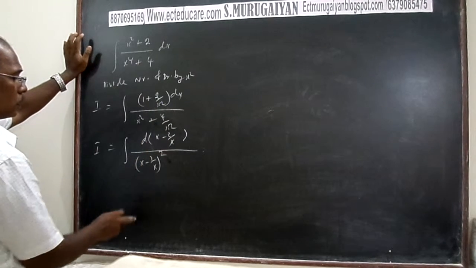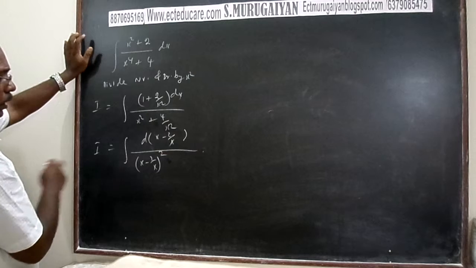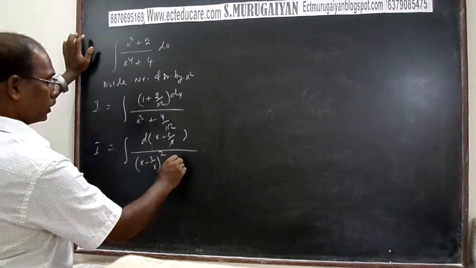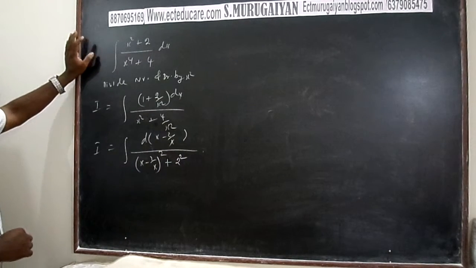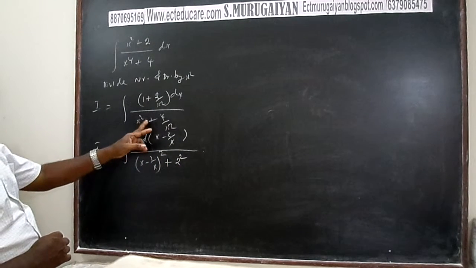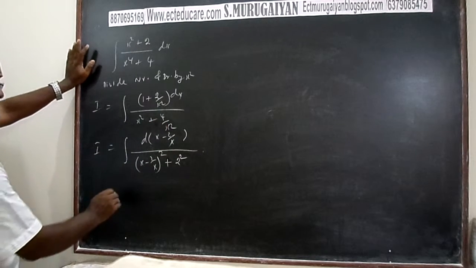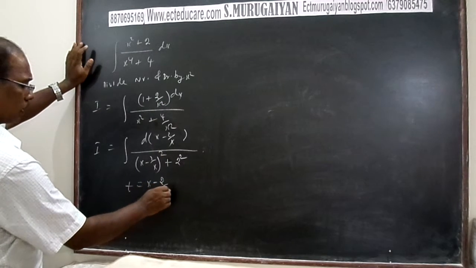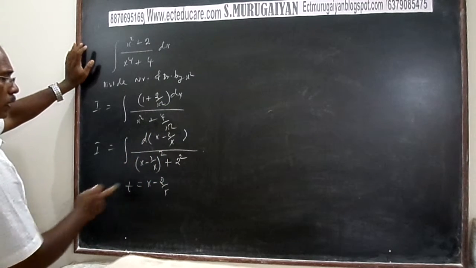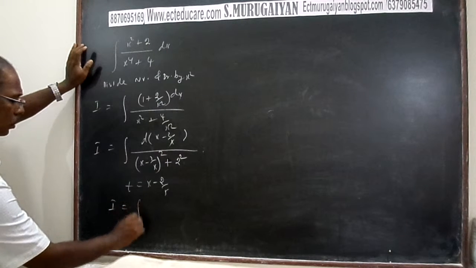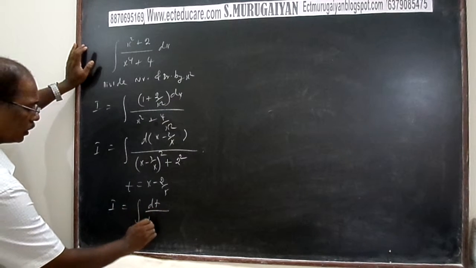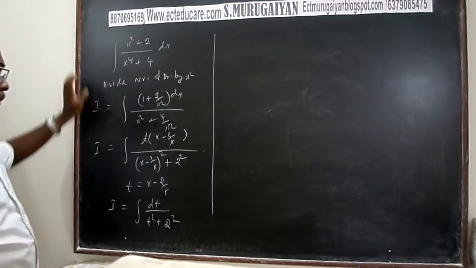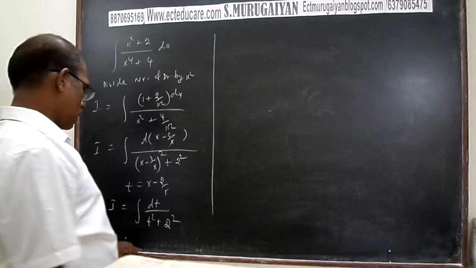In the expansion we have x square and 4 by x square, and the middle term is minus 4, so plus 4 is written as 2 square. Now if we expand it, we get x square plus 4 by x square. Let us now take t equal to x minus 2 by x, and the numerator is dt, then I equals the integral of dt by (t square plus 2 square). So this is the regular formula: 1 by a tan inverse of t by 2.